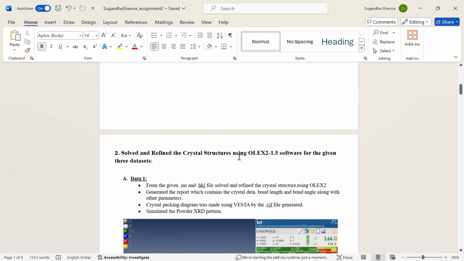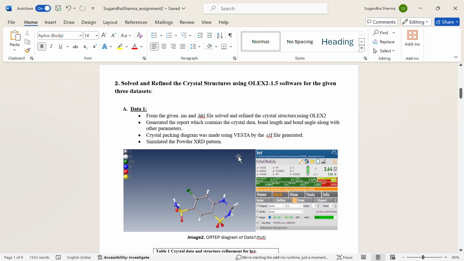Next question. We solved and refined the crystal structure using OLEX software from the given three data sets. For the first data which sir gave, first of all in OLEX we loaded the INS and HKL file, which gave us some brown spheres of atoms on the screen.